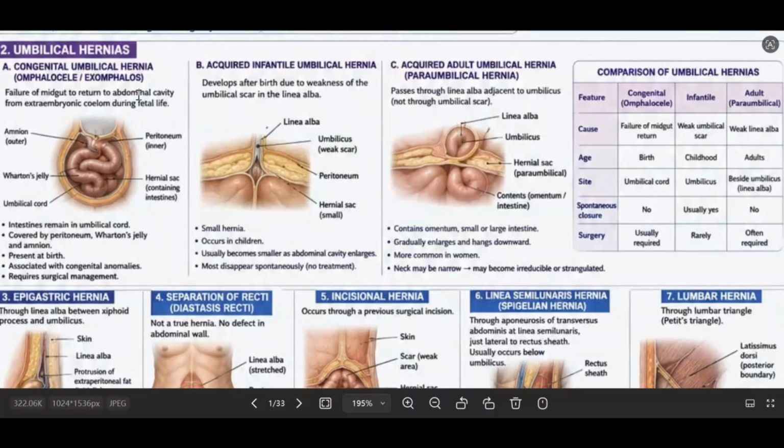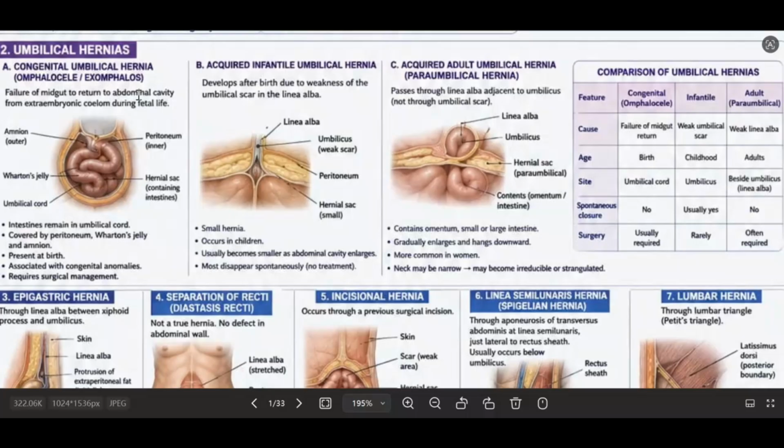That means the hernia that developed proceeds back into the abdominal cavity. To put it in simple words, at about the 6th week the midgut leaves the abdomen, that is called the physiological herniation, then the rotation happens, and about the 10th week the herniation returns back to the abdomen.